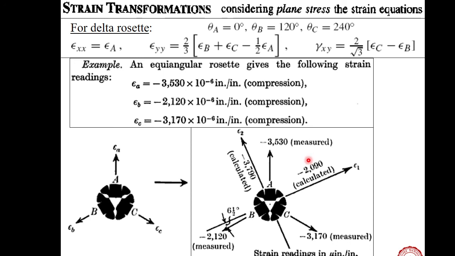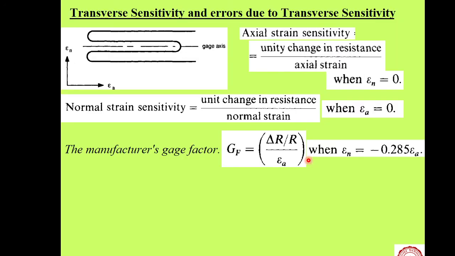But there might be a change in material, or a change in the principal directions. Everything will cause some error in measurement. So how to correct those things? It is not that easy.